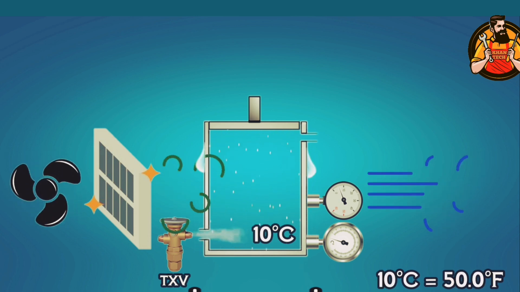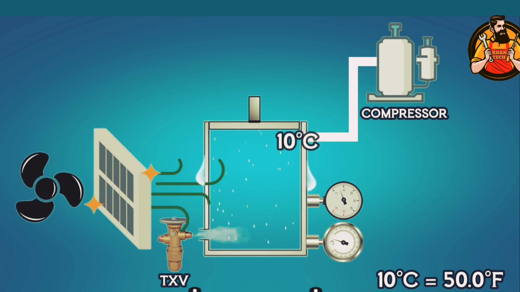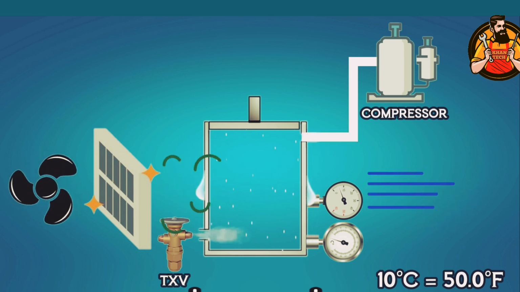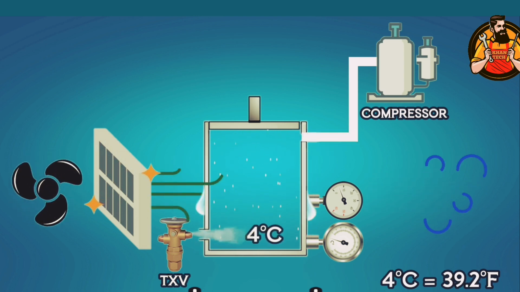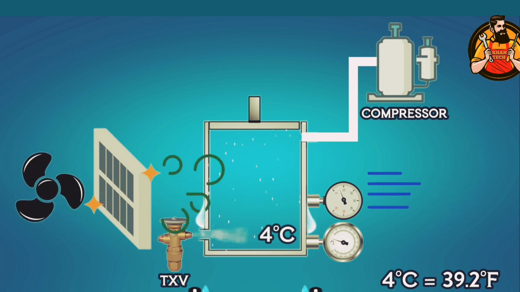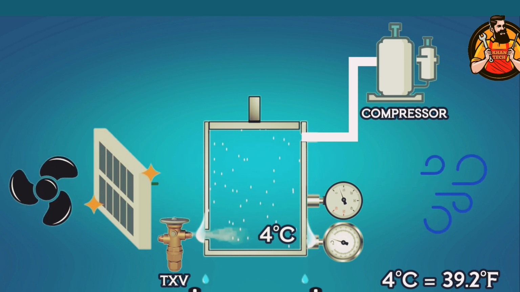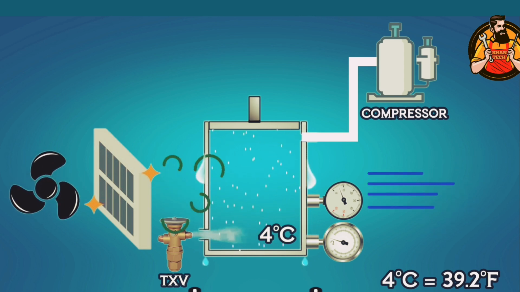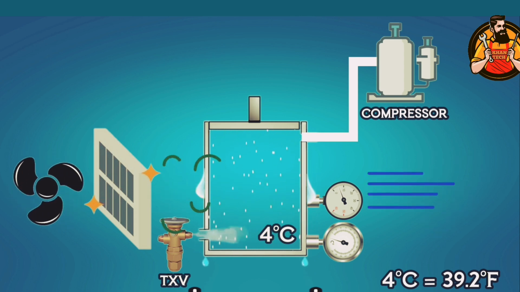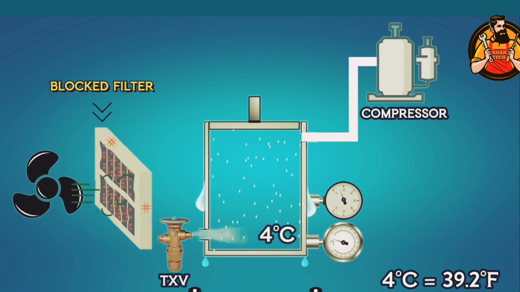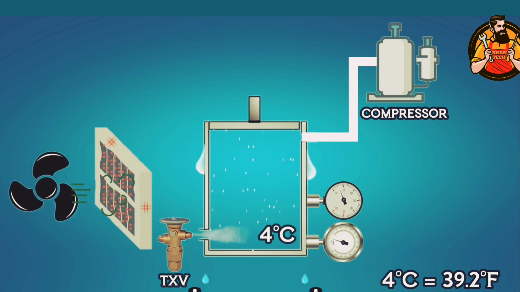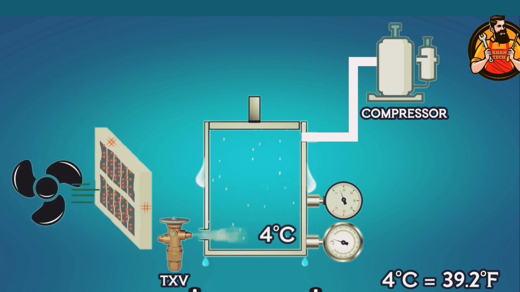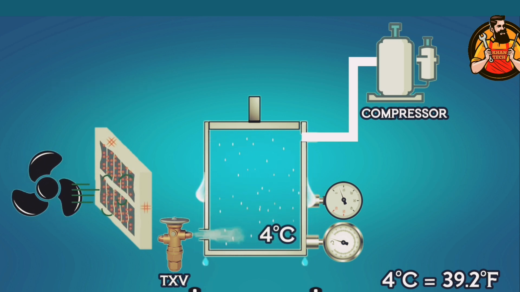The temperature-increased refrigerant will go to the compressor. Refrigerant again enters the evaporator at a temperature of 4 degrees Celsius from the expansion valve. This will continue continuously. If the filter is completely blocked, air cannot flow from the blower to the evaporator coil. Therefore, the refrigerant entering at 4 degrees Celsius will leave to the compressor at the same temperature.